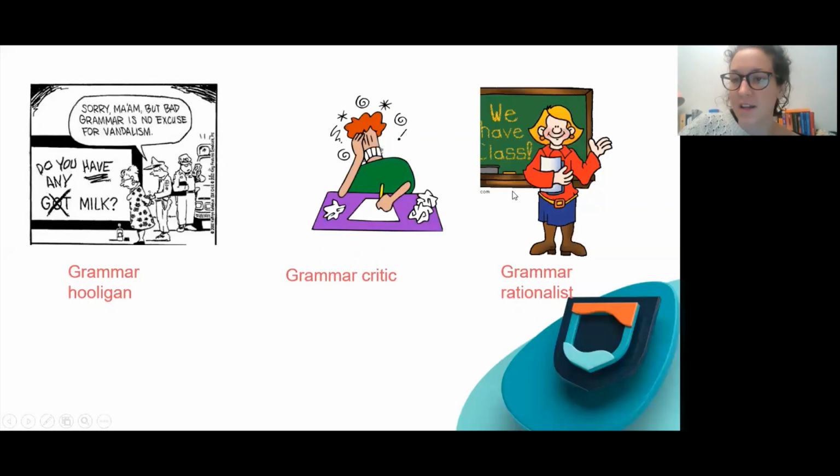And a grammar rationalist is a person who uses enough grammar but more communicative activities. So which one are you? Oh my God, so many grammar rationalists.